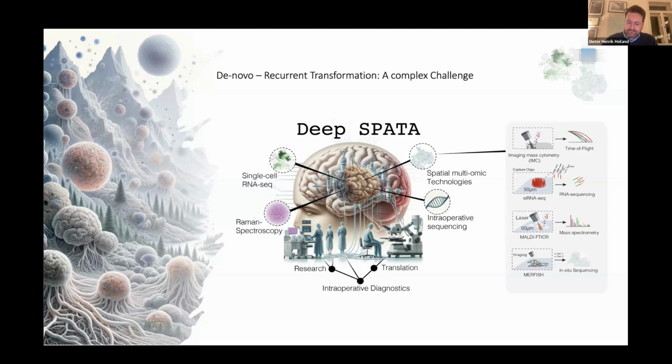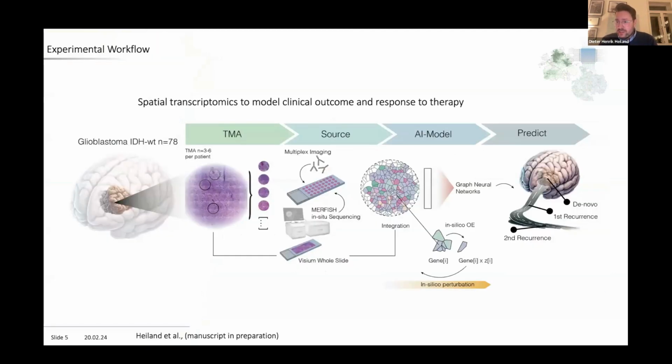in situ sequencing. To ask the question, what is the driver and what are the changes that define or differentiate a primary from a recurrent tumor, we designed a workflow in which we integrated whole Visium slides, so basically larger areas of the tumor, combined with in situ sequencing, in which we get a very high, cellular resolution on spatial transcriptomics.